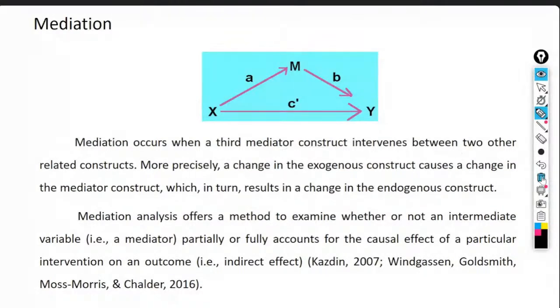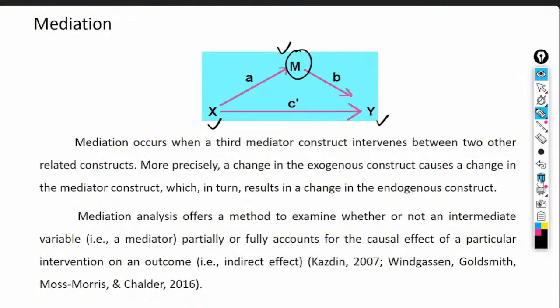So mediation analysis offers a method to examine whether this mediating variable, as an intermediate variable, partially or fully controls the relationship between X and Y.